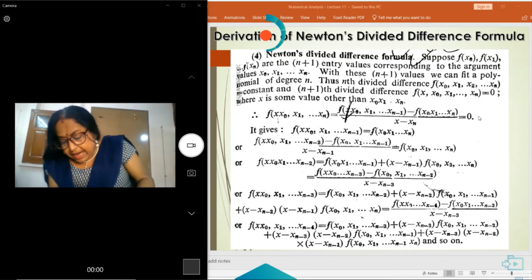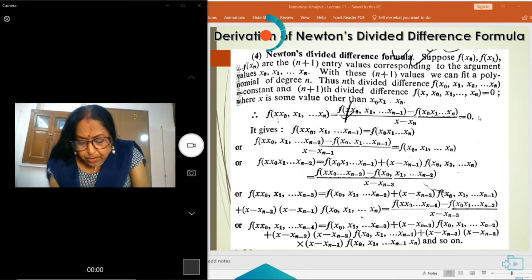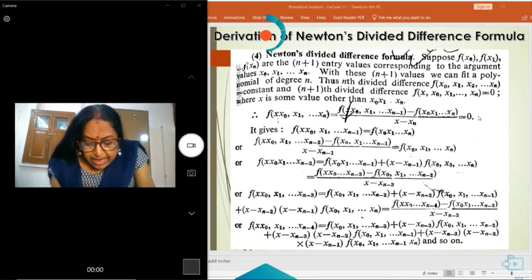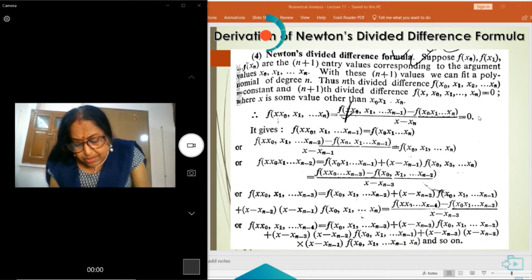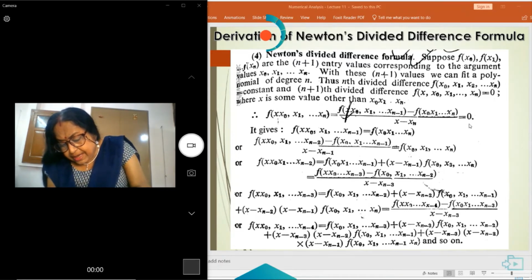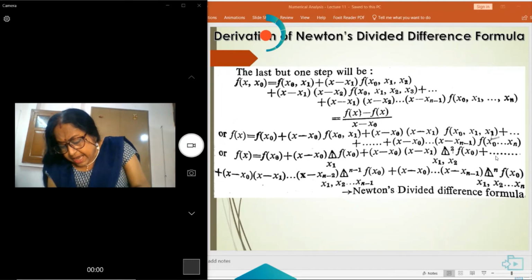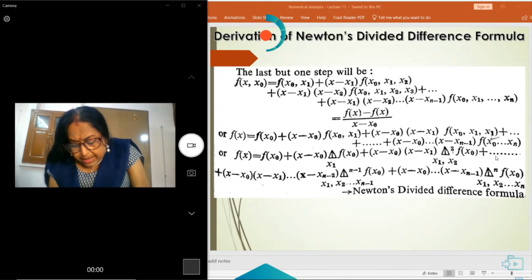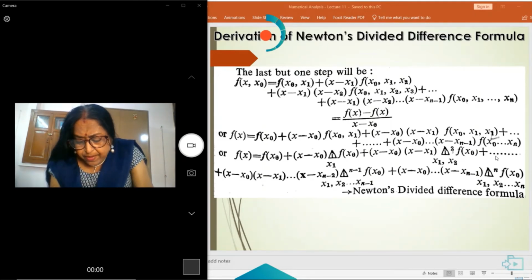So in this way we can get f(x, x0, x1 up to xn minus 3) equal to f(x0, x1 up to xn minus 2) plus (x minus xn minus 1) f(x0, x1 up to xn minus 1). So doing this, at last we will get f(x, x0) equal to f(x0, x1) plus (x minus x1) f(x0, x1, x2) plus (x minus x1)(x minus x2) f(x0, x1, x2, x3) and so on.